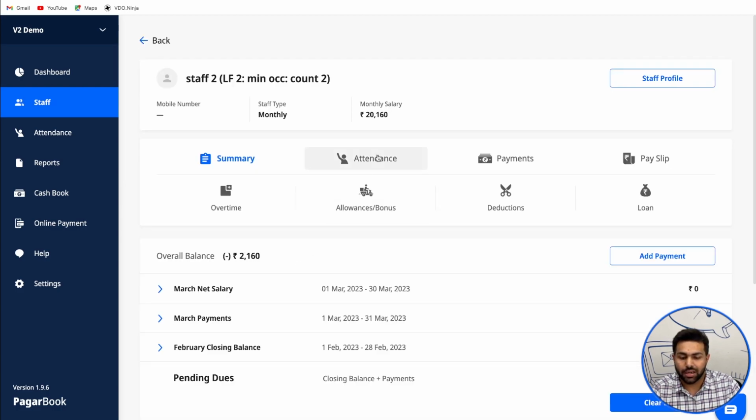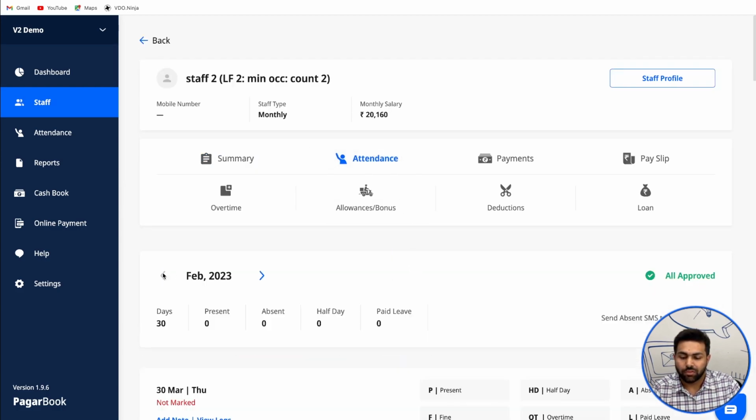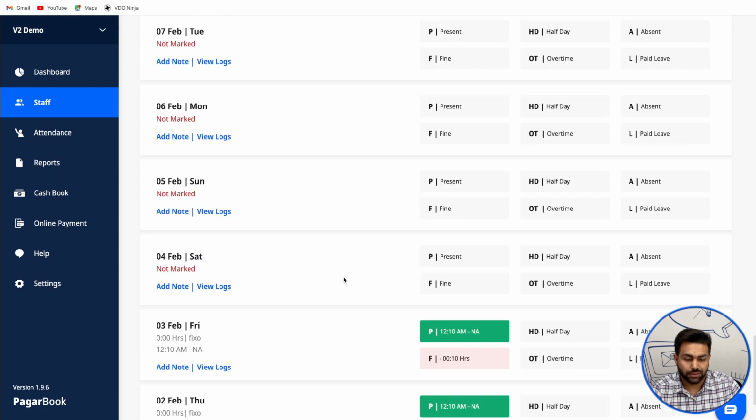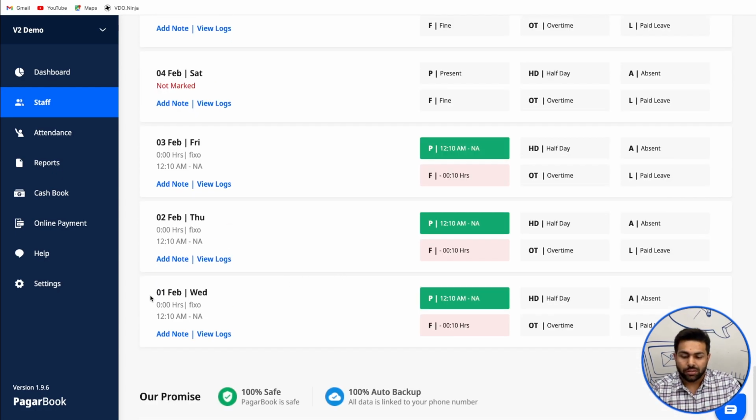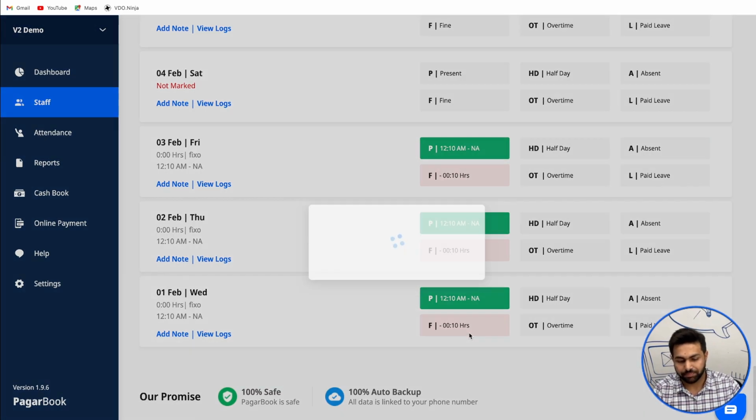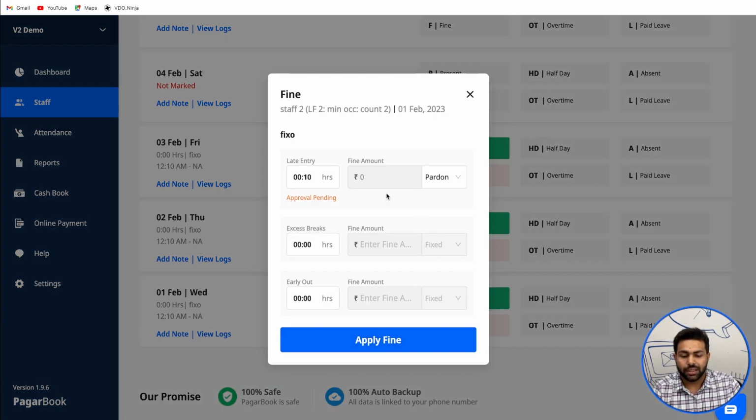So for this staff, this is a Feb month where on first date staff was late by 10 minutes. So now here this is a count 1, so his fine is pardoned, 0 amount is deducted.